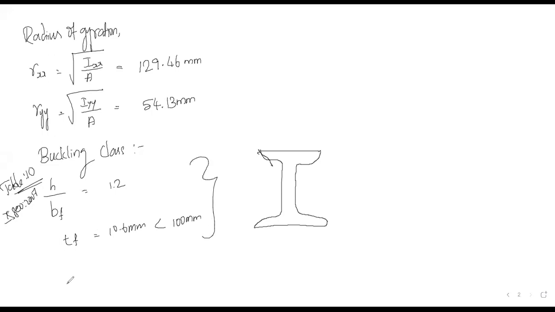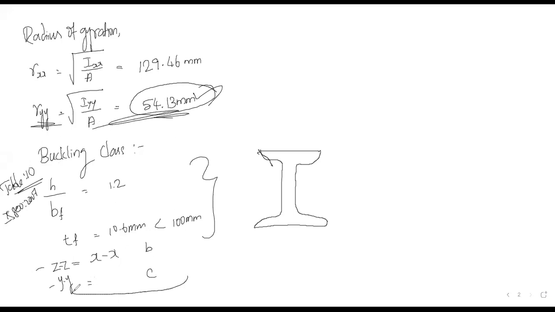Now we can have two categories, ZZ which is nothing but XX, and another one is the YY category. Among them, which one is the least radius? Here we have the least radius of gyration under the YY axis. So our buckling class here can be B and here can be C. With respect to least radius of gyration, our buckling class lies under class C.